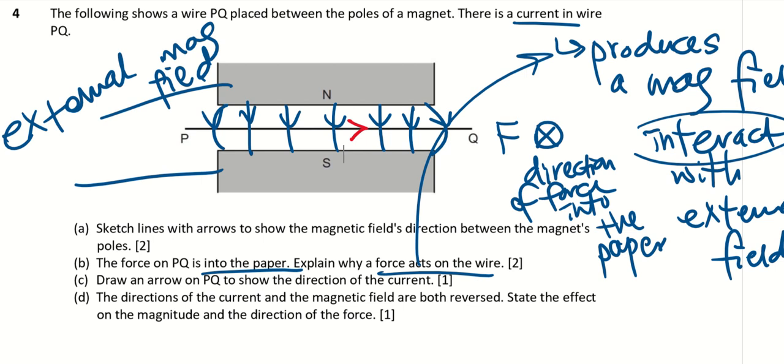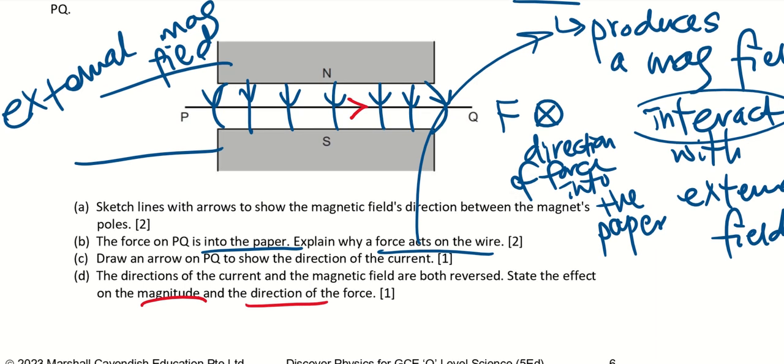Now direction of the current and the magnetic fields are both reversed. State the effect on the magnitude and direction. Since the direction of current and magnetic field are both reversed, that means the direction has no change. And because it's just changing direction of current and magnetic field, the magnitude also has no change.